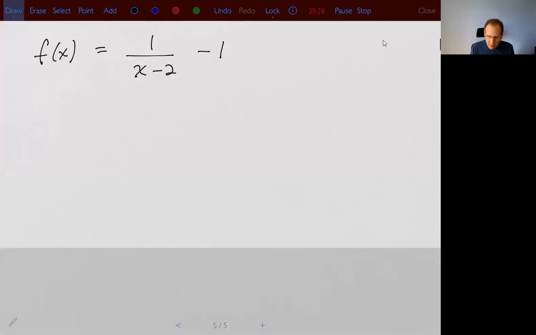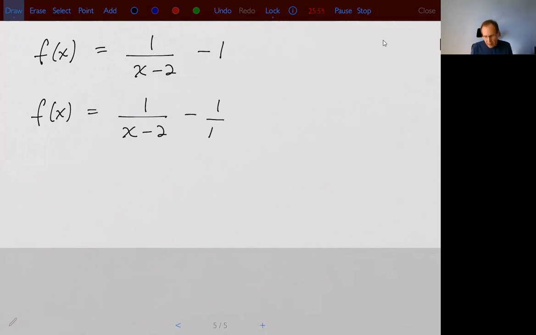Okay, let's rewrite this so that we get a better form, or a more general form, for the rational function. So we can actually subtract these two terms, right? You can think of this as a fraction. Here, let me do it one step down. I can think of 1 as 1 over 1.